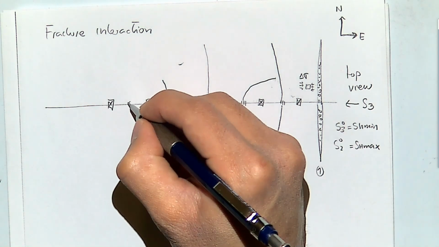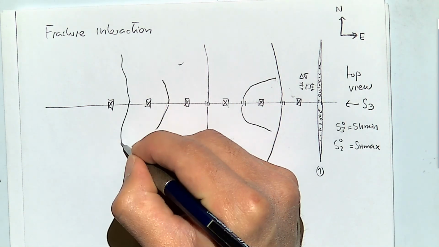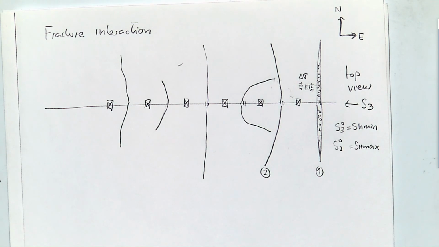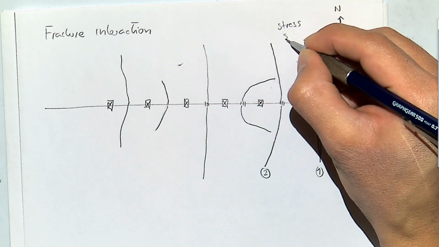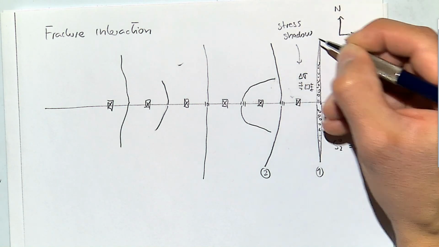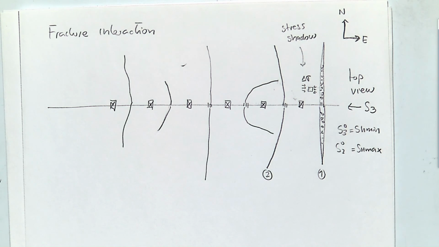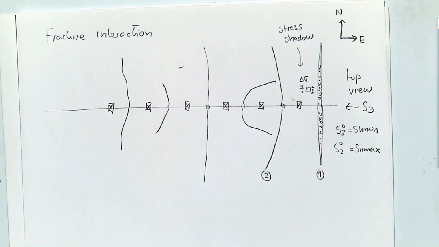Okay, so this problem of fracture interaction is regularly called stress shadow. And that's going to affect the minimum distance at which you put a fracture. Because if you put them too close, then they're going to affect each other, and that's not going to be good.